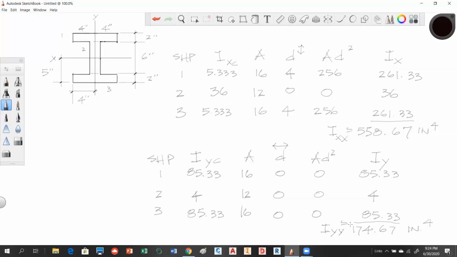Okay, so what this is saying from a standpoint of bending, if you load this thing this way, if the force is coming down this way or this way, it would be offering a lot more stiffness. It would be less rotation or bending going on than if we would load it this way or this way, because there's a huge difference in these numbers. So remember, the higher the number, the better. That's what you're ultimately looking for when you get in a moment of inertia.